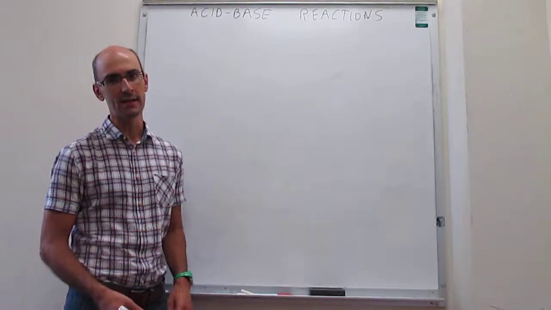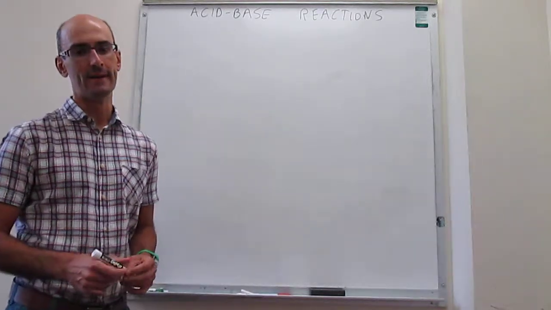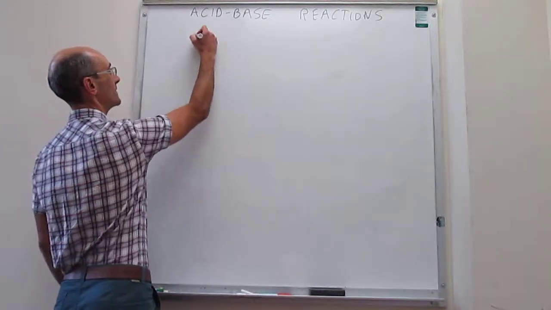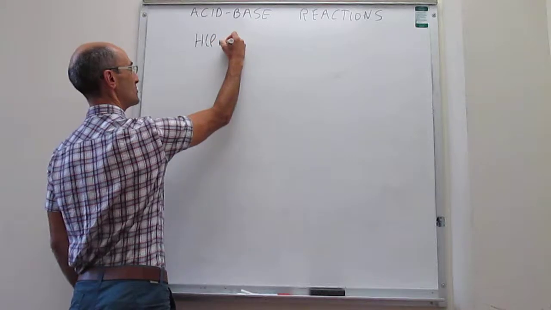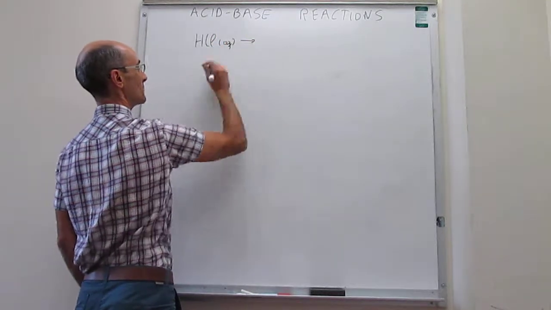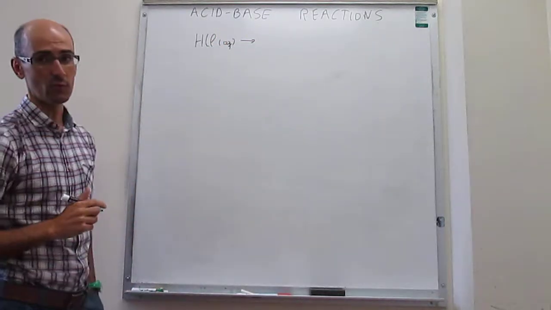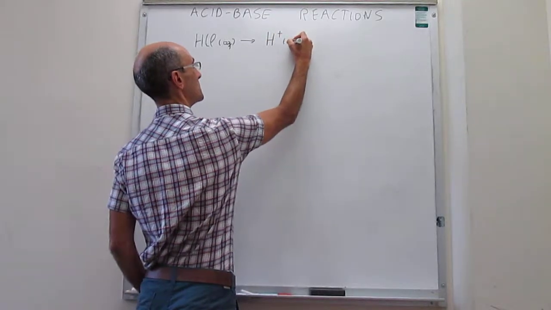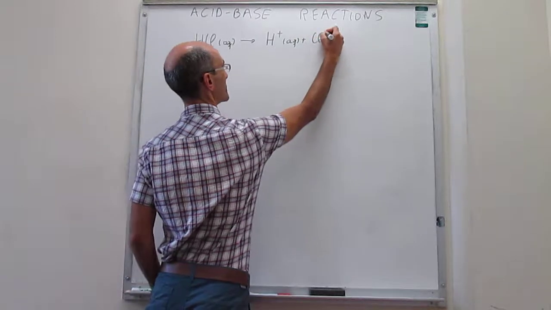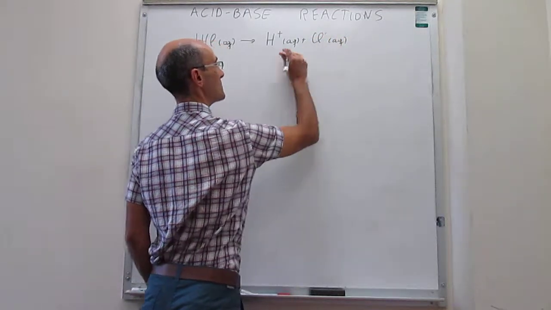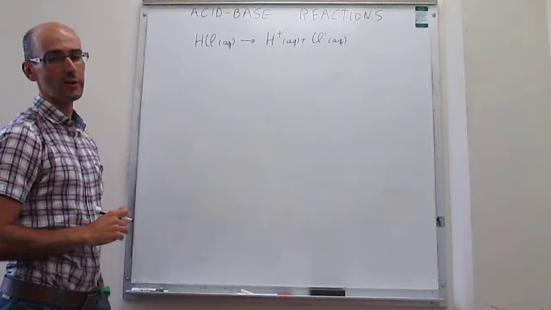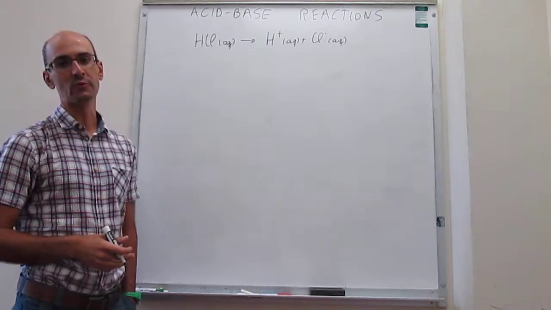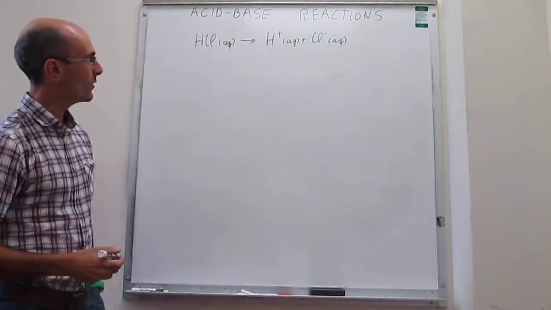All right, so let's see how an acid is able to provide protons in solution. Let's take hydrochloric acid, HCl. When you put hydrochloric acid in water, it dissociates to generate protons and chloride ions. So clearly, hydrogen chloride is an acid according to the Arrhenius definition because it's able to provide protons in solution. There are other types of examples.